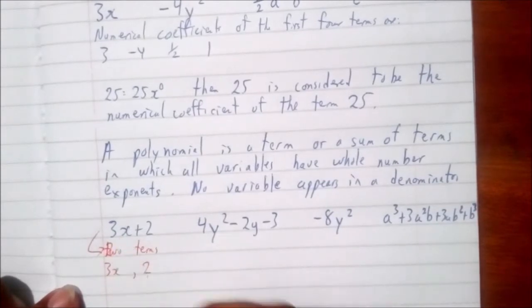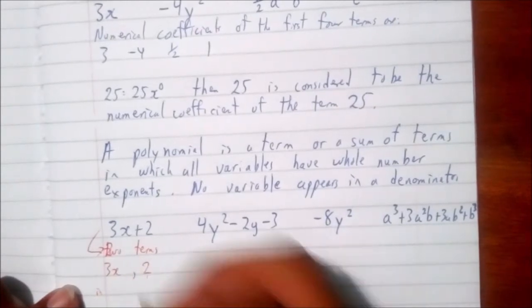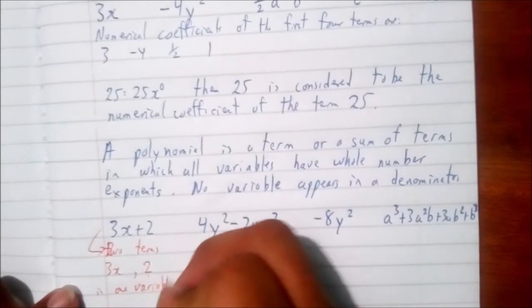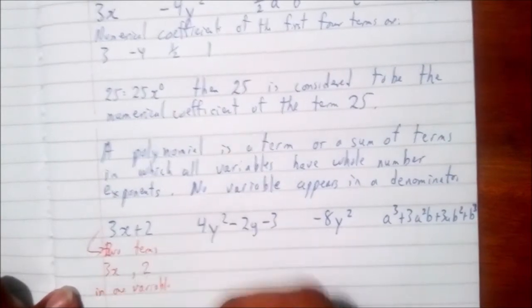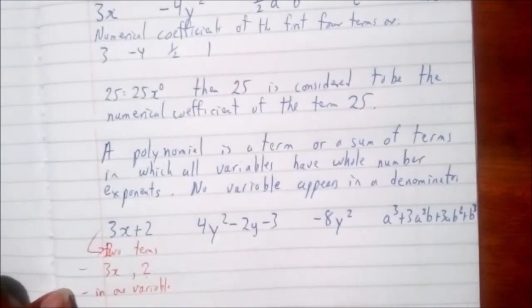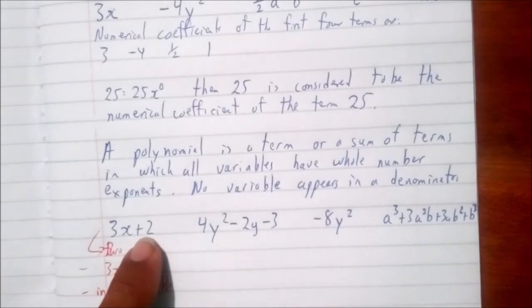So this is a polynomial in one variable. Okay, so those are key points. Now, a single number is called a constant, and so its last term 2 is a constant. It's called a constant term.